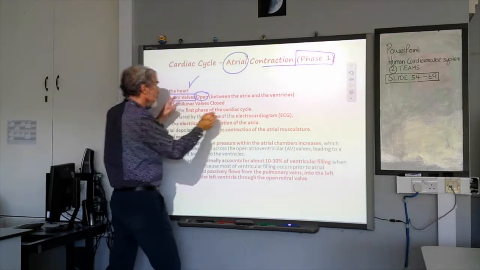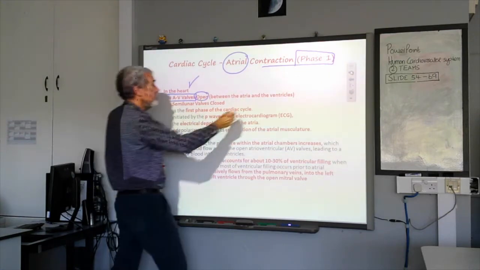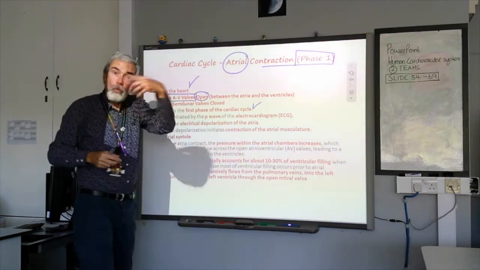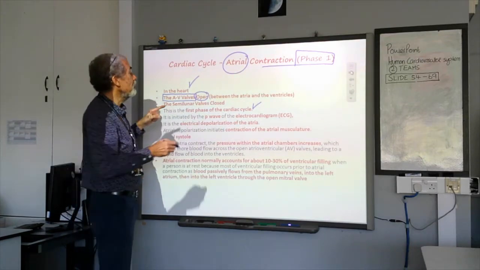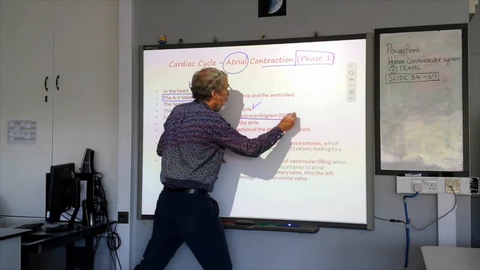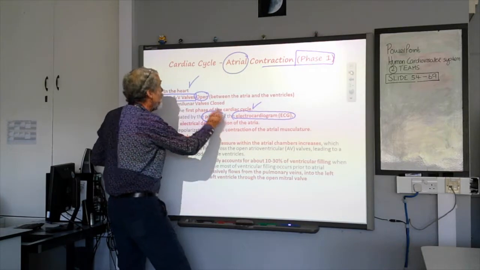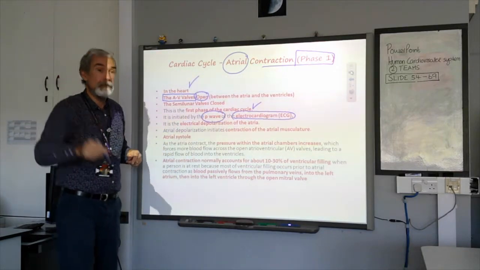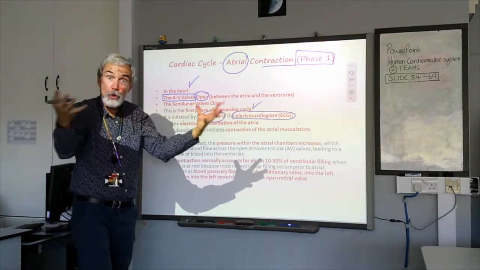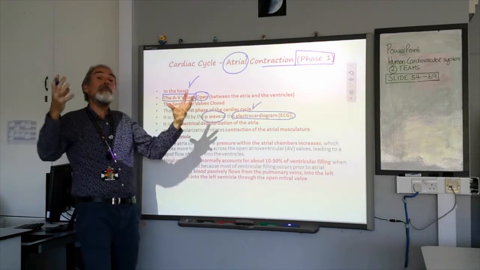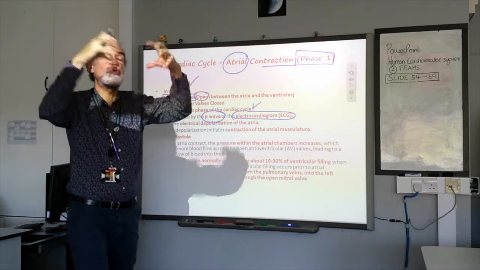Very often, we regard this as the first phase of the cardiac cycle. And when we look at ECGs, and you will have a little lesson on ECGs, this is the same as the P wave on your ECG. The depolarization is the electrical current moving through the atria, getting those atria to contract.